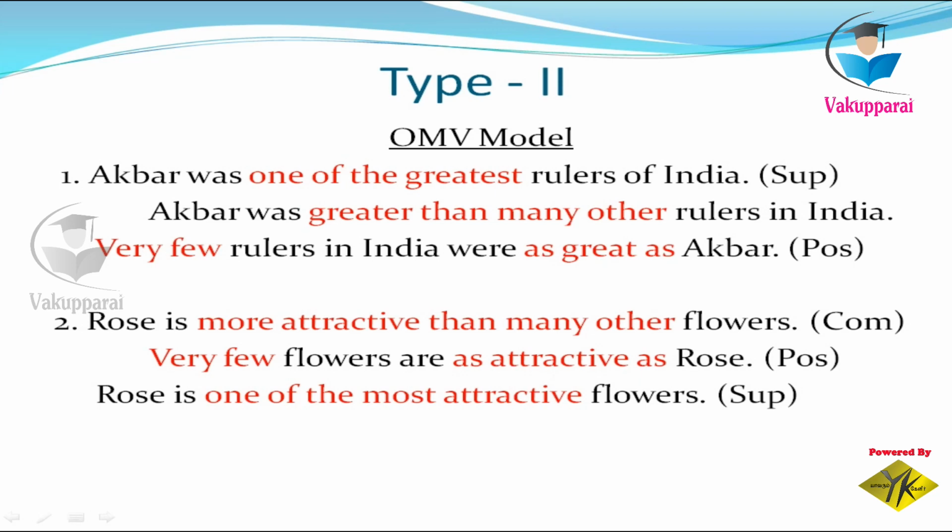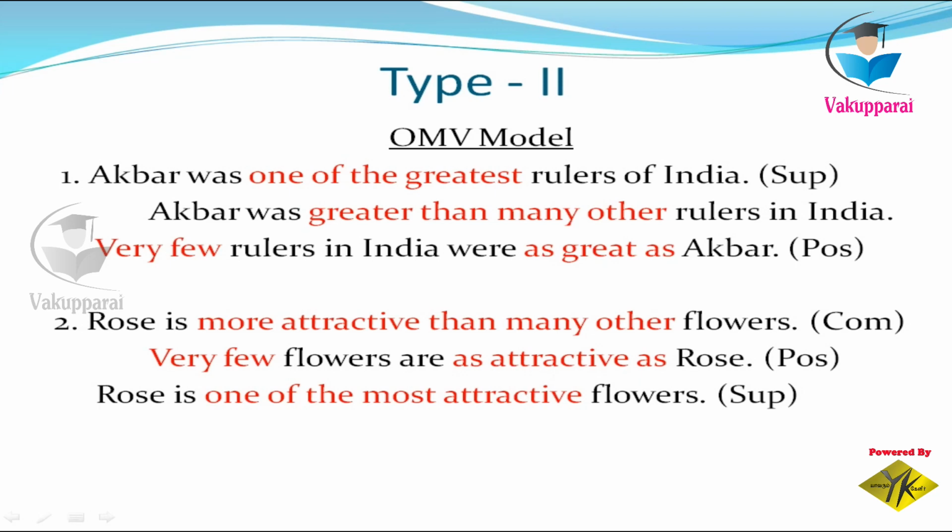Okay, next sentence is "Rose is more attractive than many other flowers." Okay, it is in comparative degree. So when we change the comparative degree into positive degree: "Very few flowers are as attractive as rose." Then superlative degree: "Rose is one of the most attractive flowers."